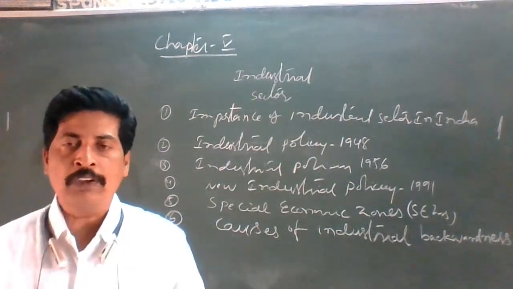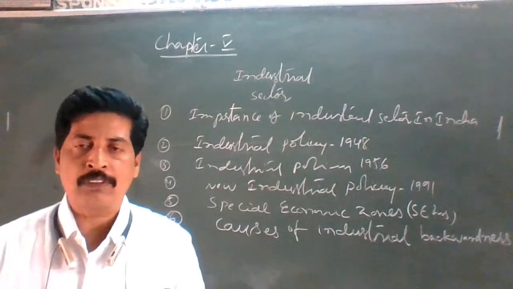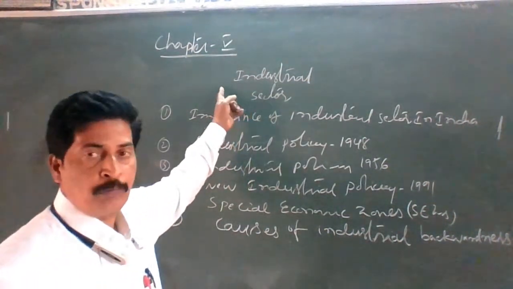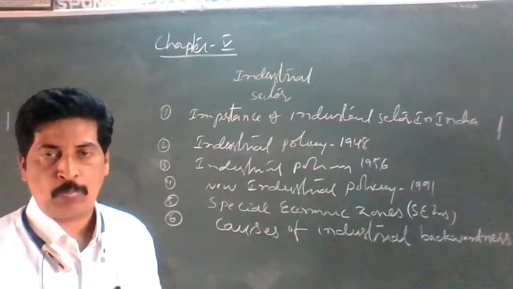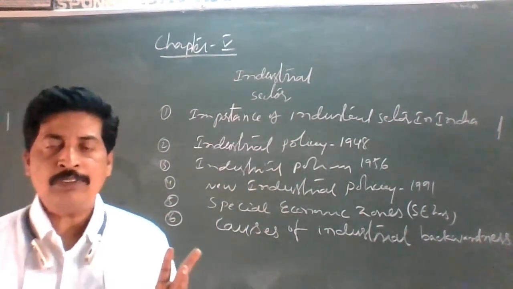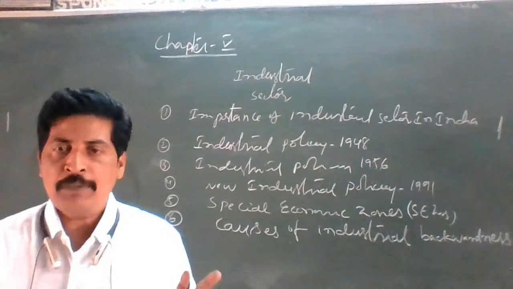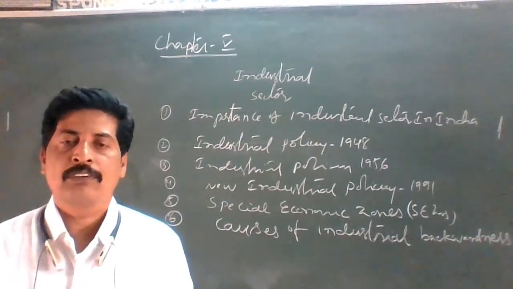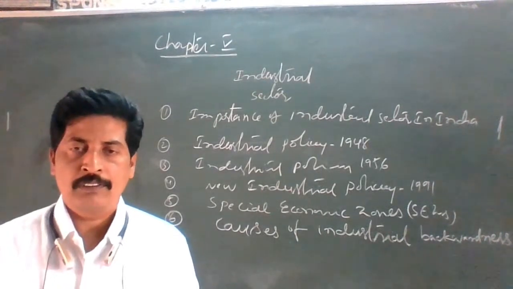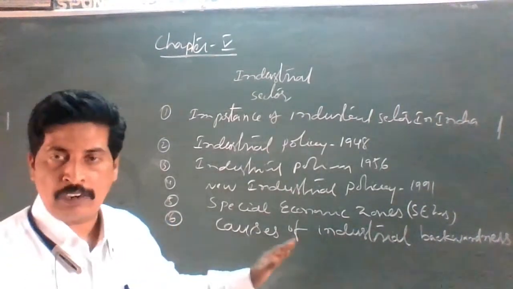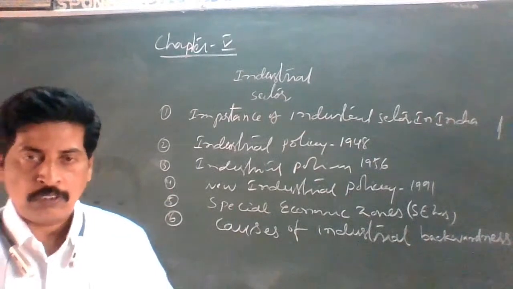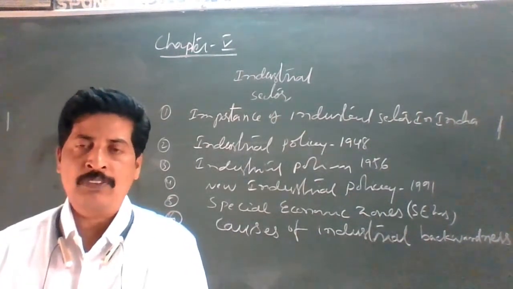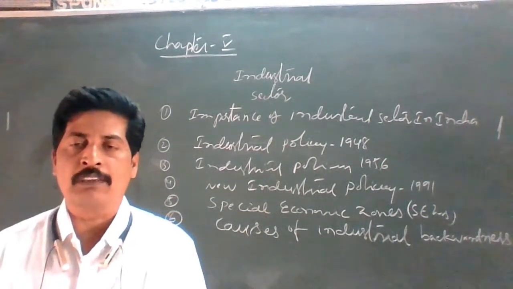So only two important concepts are left for the fifth chapter, that is industrial sector. Those are MSME and industrial estates. That too, now I am going to explain. What is the importance of MSME?